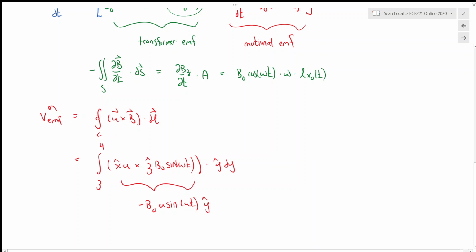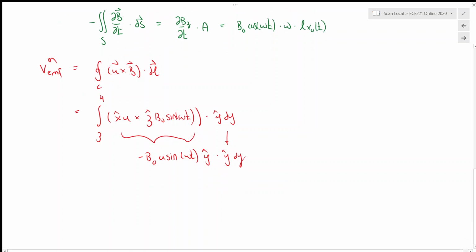The negative sign comes out because x hat cross z hat is minus y hat. Then if we dot this with y hat dy, the dot product goes away, and we can carry out this integration from 3 to 4.